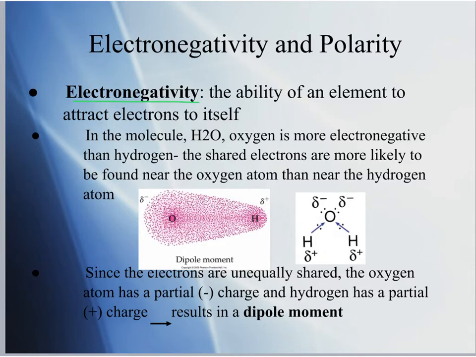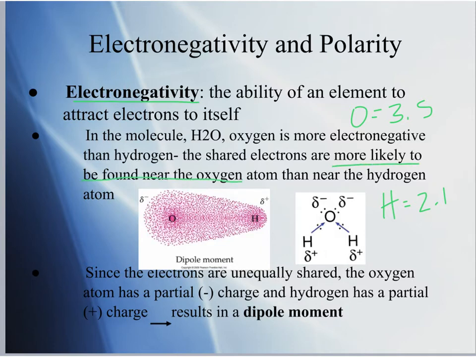But looking at that chart, you're going to see that oxygen has an electronegativity value of 3.5 and hydrogen has an electronegativity value of 2.1. Okay, so hydrogen's fairly strong, but oxygen is definitely stronger. And so this oxygen is more electronegative. So that means even though they're sharing electrons because they're both nonmetals and making a covalent bond, more electrons are likely to be found near the oxygen than the hydrogen.